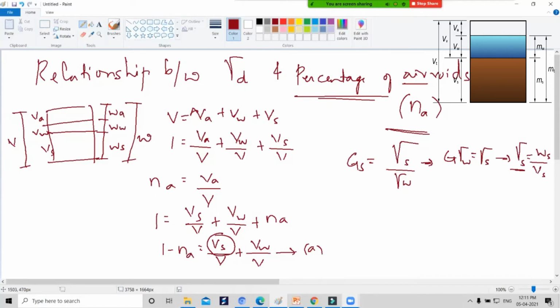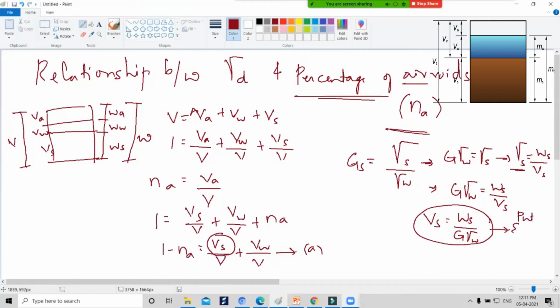So the equation becomes G rho W is equal to Ws by Vs, giving Vs is equal to Ws divided by G rho W. Put this in equation A.